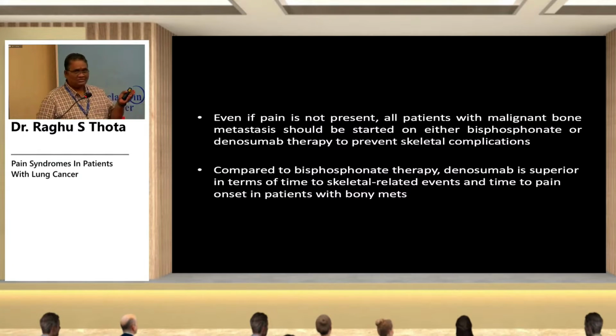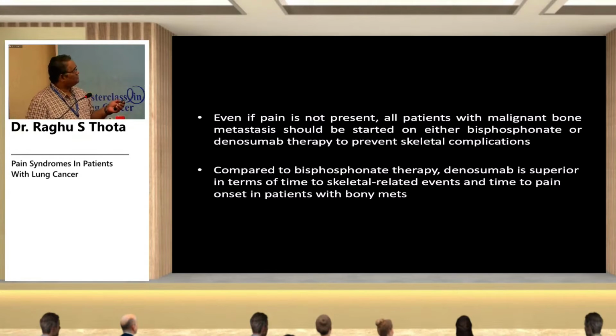These are the things we really need to prevent, so that's why they give bisphosphonates or denosumab. Denosumab is very expensive, but zoledronic acid is the cheapest one, around 700 rupees per month. It's not that it works 100%, but they delay the onset of skeletal related events.